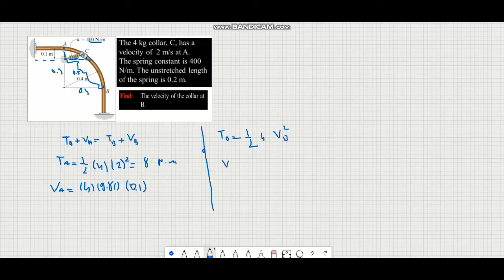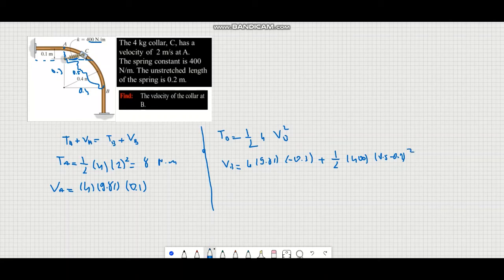The potential energy is 4 multiplied by 9.81 times the height, which is minus 0.3, plus 1 over 2 times the spring constant 400 multiplied by 0.5 minus the unstretched length 0.2, squared.